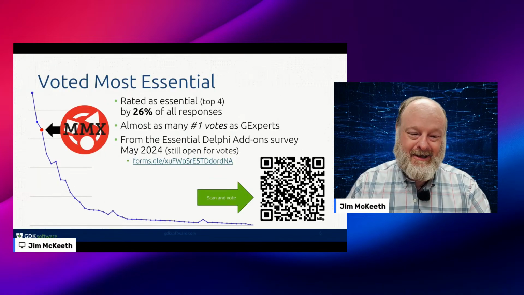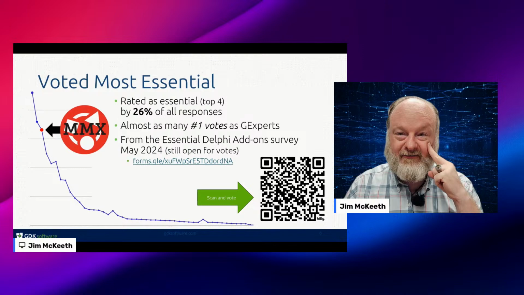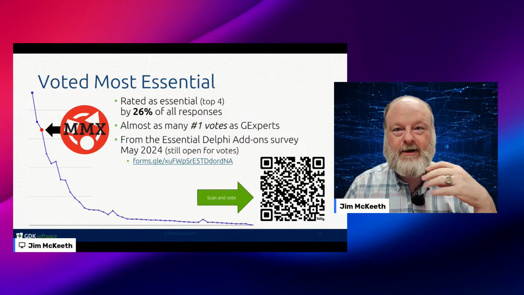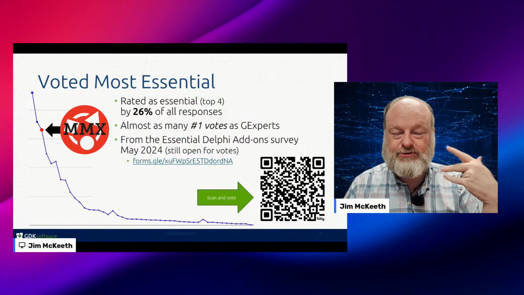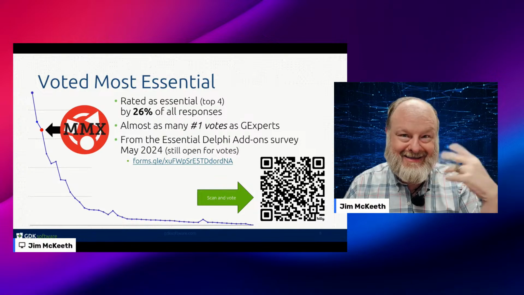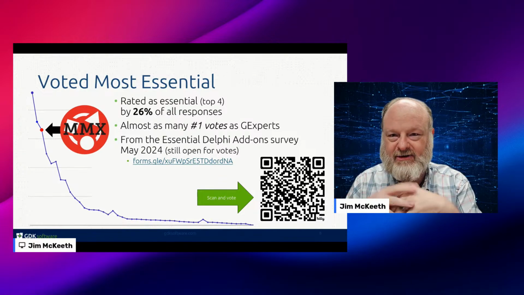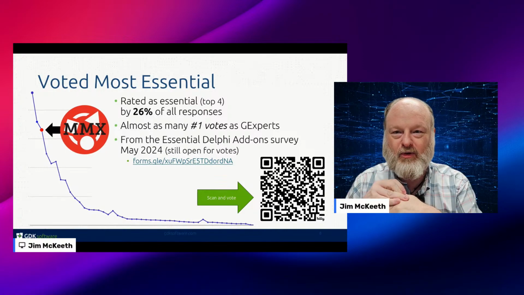So let's get started. This is part of my Essential Delphi Add-on series, which I plan to also do as Essential Delphi libraries in the future. I had a survey from May to June, and it's still open for voting, but I haven't seen any major changes in there. If you want to vote, you're more than welcome to.